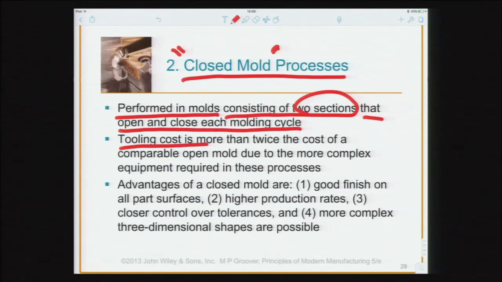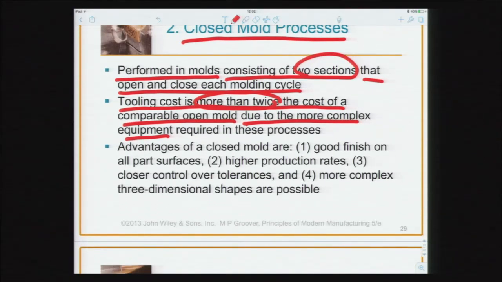The tooling cost is more than twice the cost of a comparable open mold. So if you compare open mold and closed mold, the tooling cost of the closed mold is more than twice the cost of a comparable open mold. It's more expensive if you use closed mold, due to the more complex equipment required in these processes.